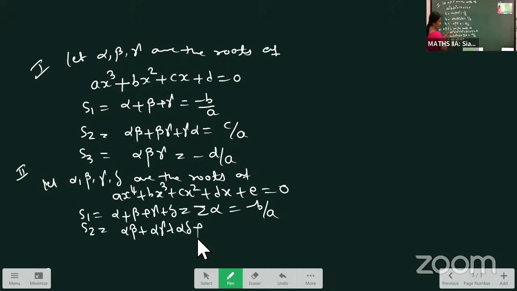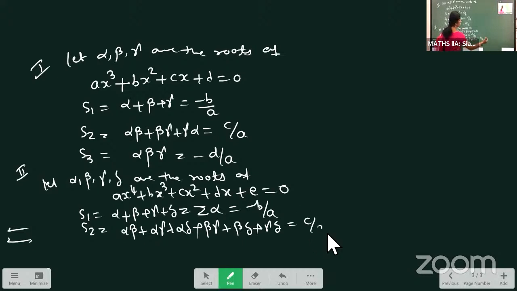Don't go in reverse, only in the forward direction: beta gamma + beta delta. Backward would mean beta alpha, so don't do that. Next, with gamma, there is only one: gamma delta. In total there are 6. This equals c/a. This is your S2.